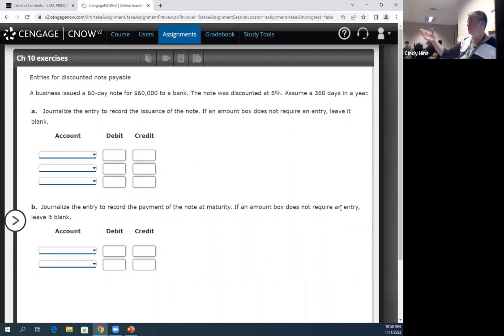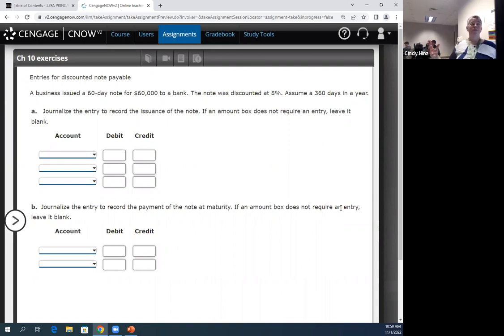And so for this company, issuing a 60-day note for $60,000 to the bank, they wouldn't receive the full $60,000. We're going to calculate the interest on the $60,000, but they don't actually receive that full amount. And I remember when we were talking about this in chapter 8, I had pointed out that if you are the borrower, you would not want a discounted note.